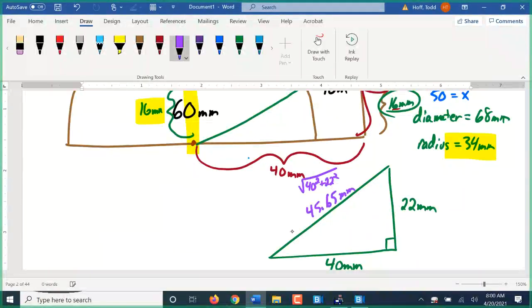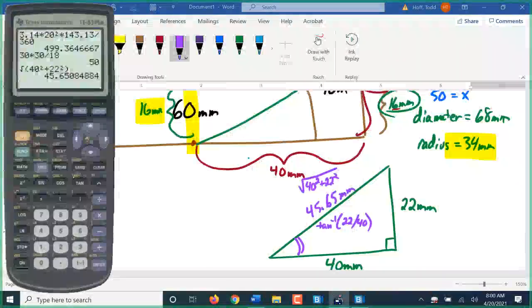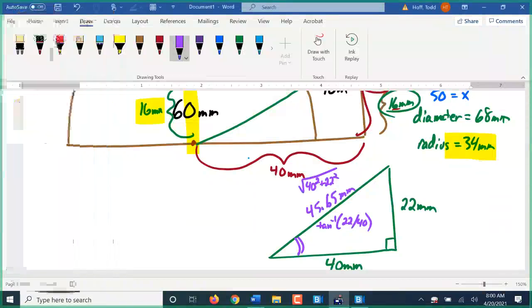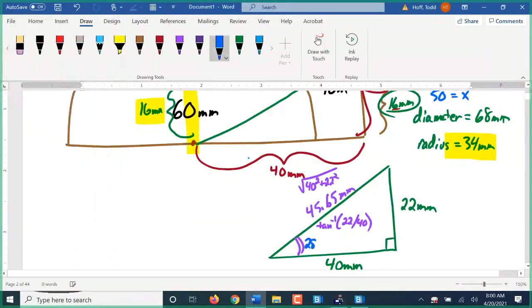You can find this angle down here. It's going to be the inverse tangent of 22 over 40. Here's 28.81 degrees, which makes this angle up here 61.19 degrees.